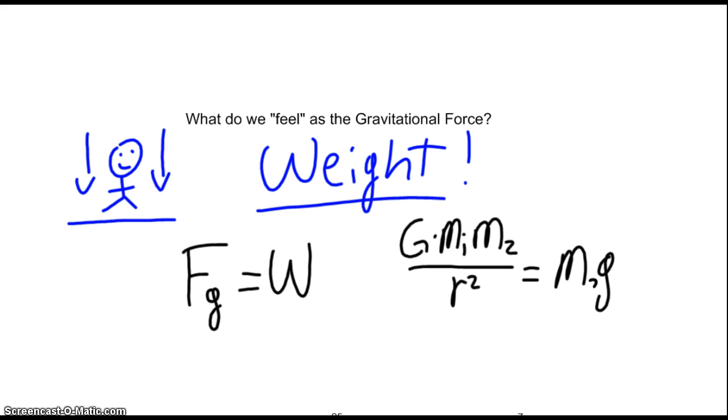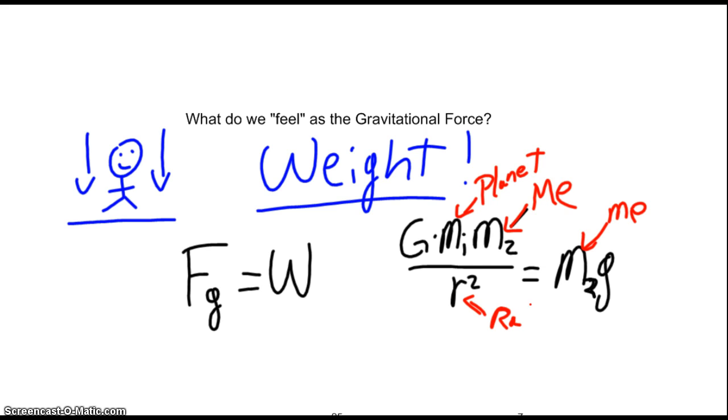And I'm going to call m2 me, and I'm going to call m1 whatever the planet is. So again, m2 over here is me. And because we're talking about a radius, we're talking about the straight line distance between the center of mass, namely the center of a planet, and wherever we are. So if we're on the surface of a planet, this is just going to be the radius of the planet.